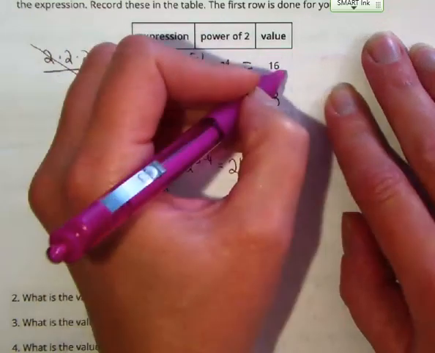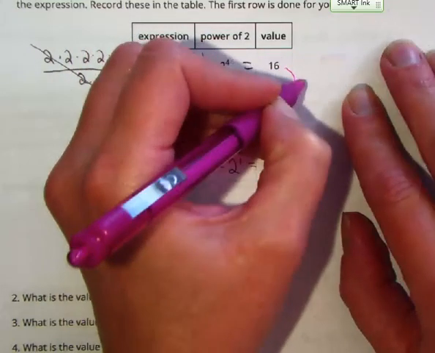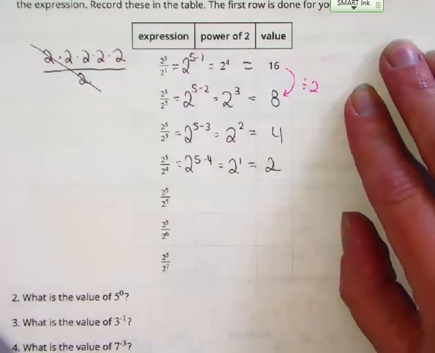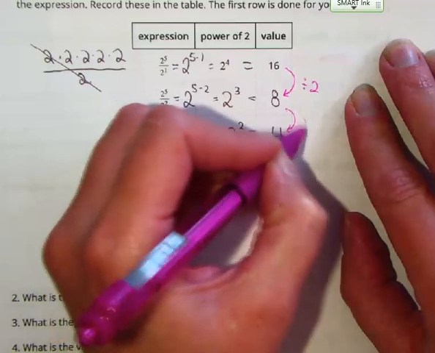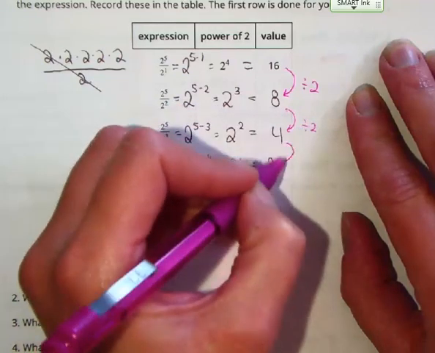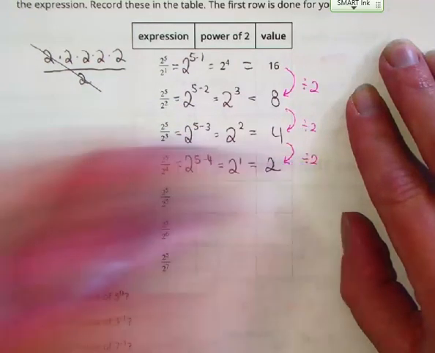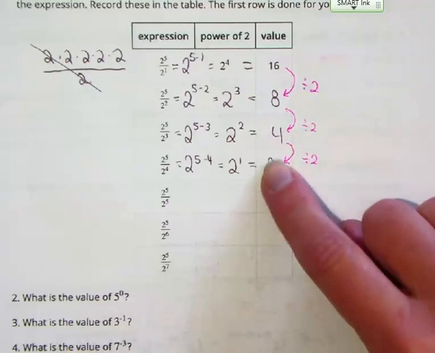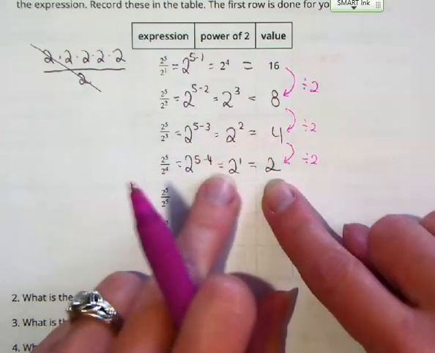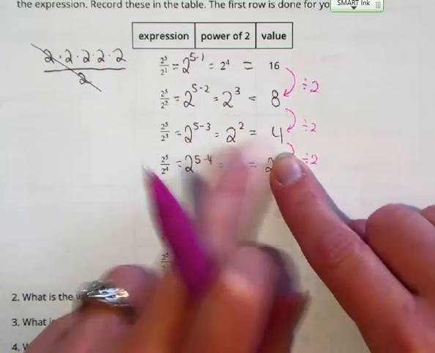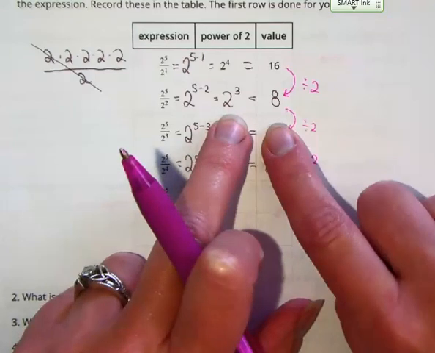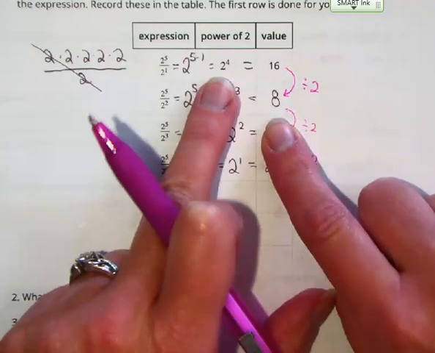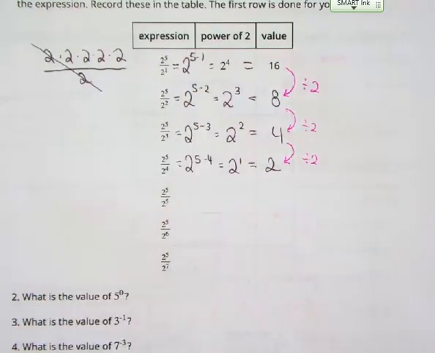I'm noticing that each time our value is dividing by 2. And that makes sense. If we're multiplying by 1 less 2, we can see how, 2 to the first is this. We multiply it by a second 2, we get 4. 4 times a third 2 gets us 8. 8 times a fourth 2 gets us 16. So that might also help in explaining what's going on here.